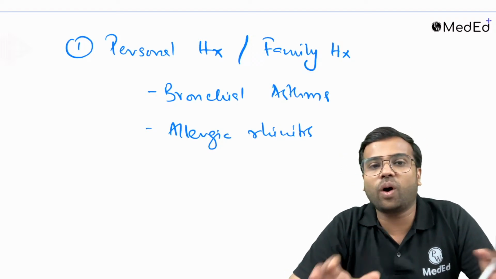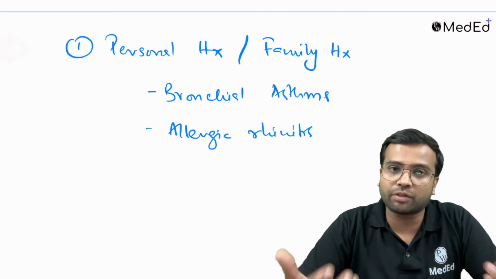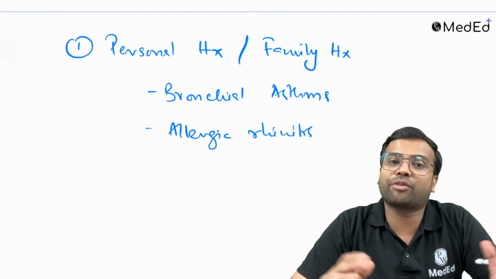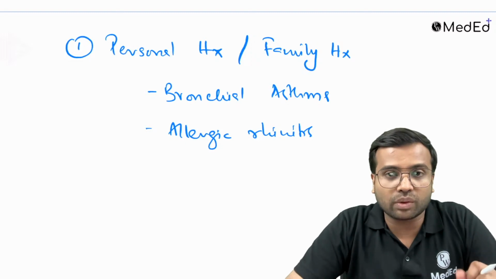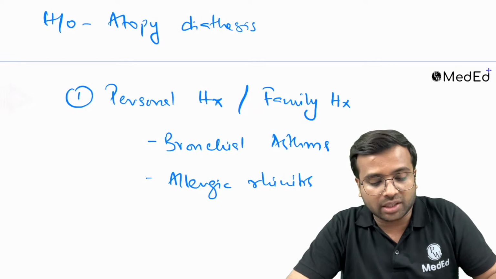All these come under a personal history, where the patient himself has this, or there would be a family history as well. This is one of the important things that comes under atopic diathesis.